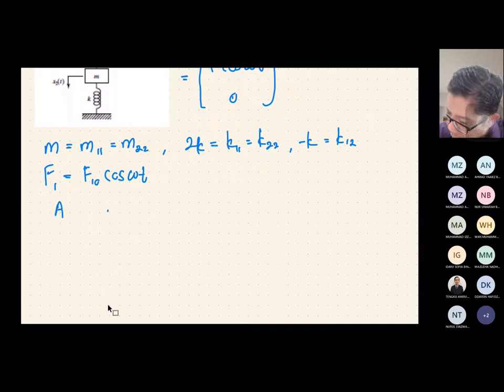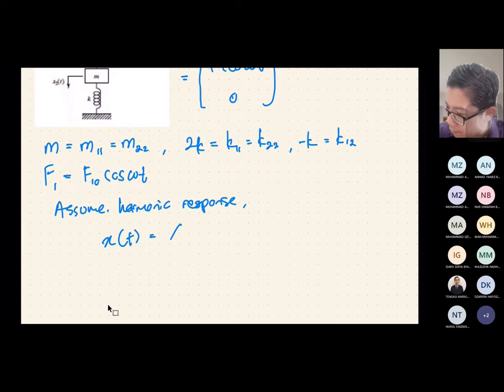Assume the response will be x max cosine omega t.